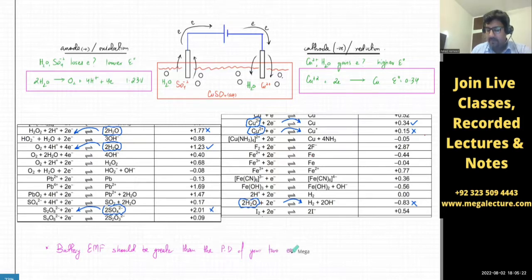The battery has to be more powerful. Then electrolysis will happen. Okay?